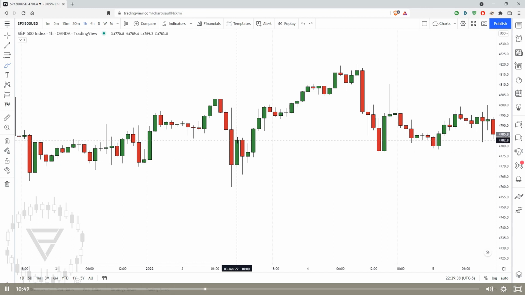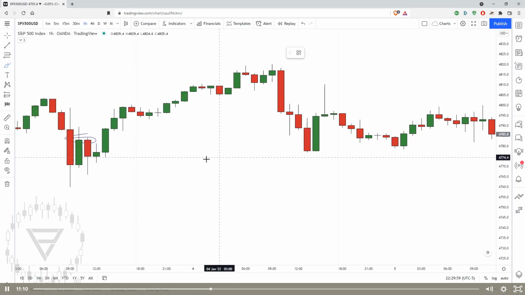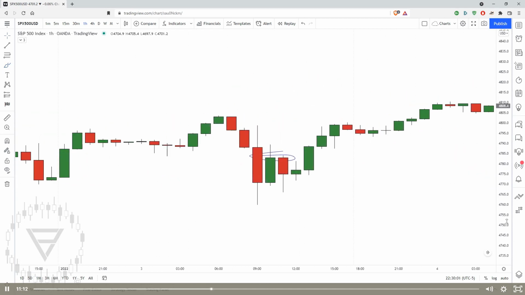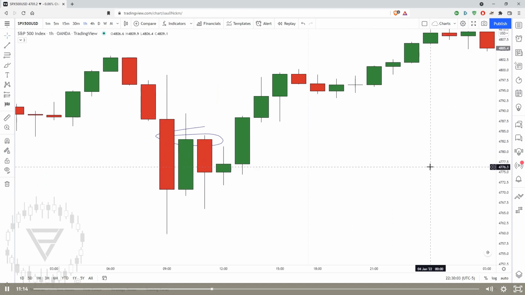Then this was a bullish candle. We closed up here. And then you can see that the close of this candle will be the open of the next candlestick on the next hour, which in this case was a bearish candle. Let me zoom in even more so it's easier to see.